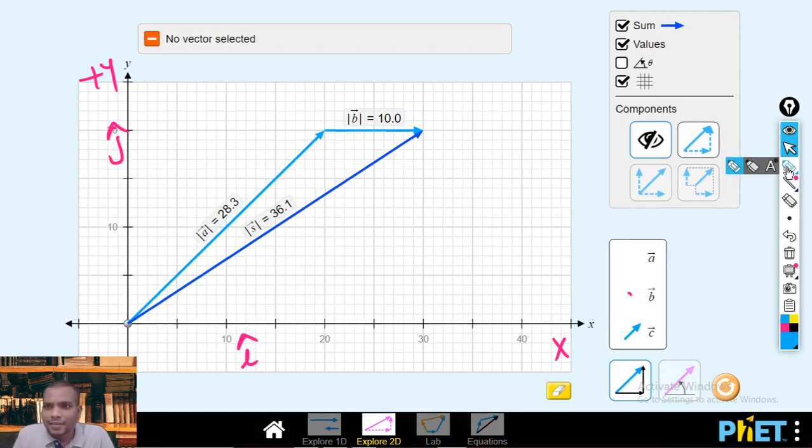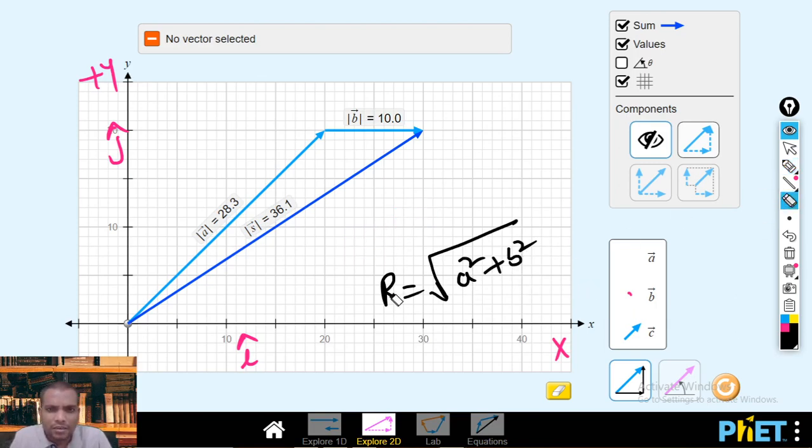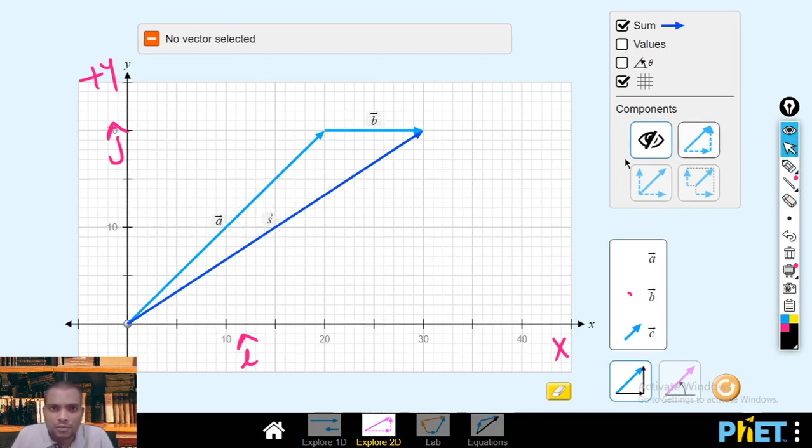We already tried that. If a vector is made up of a bar and b bar, to find its magnitude r we use the formula r equal to square root of a square plus b square. Right now I am not talking about this magnitude because I don't want its values, but I was concentrating on resolutions.